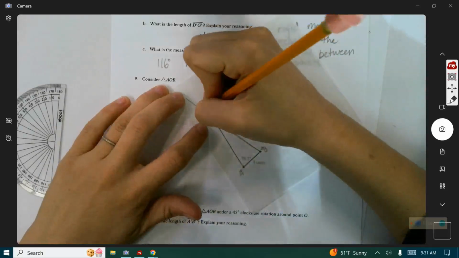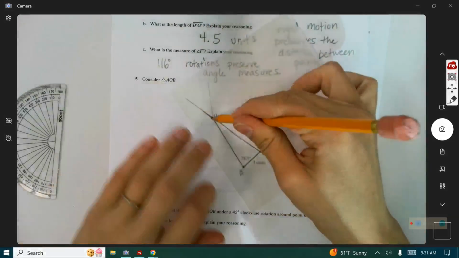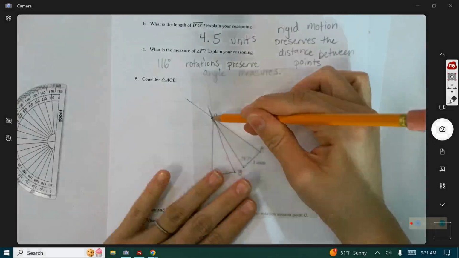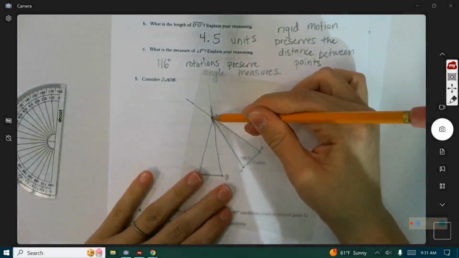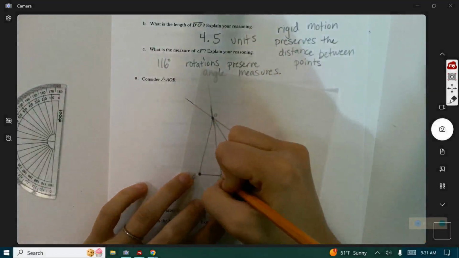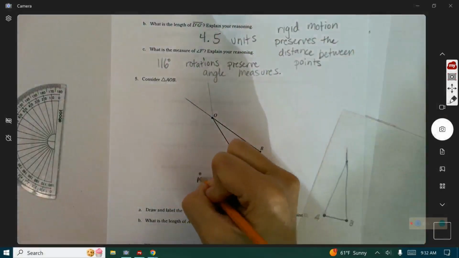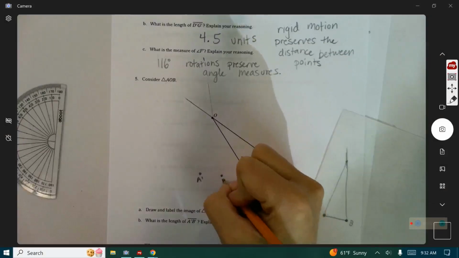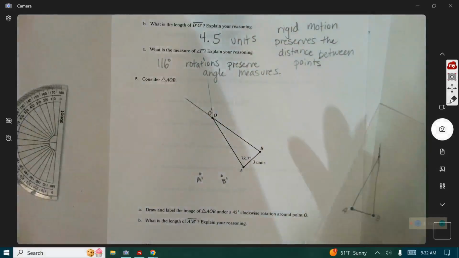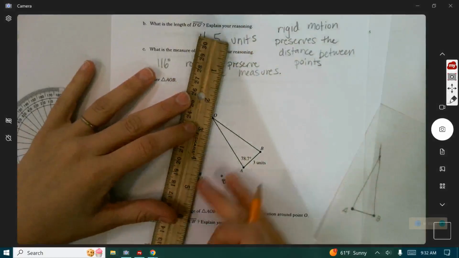And we're going to draw our line through O. Now we are rotating clockwise, so we're turning the way that the clock turns, and we're going to stop when this line matches up with our 45-degree angle. I have A prime here and B prime here. This is now O and O prime. And we will connect our points.